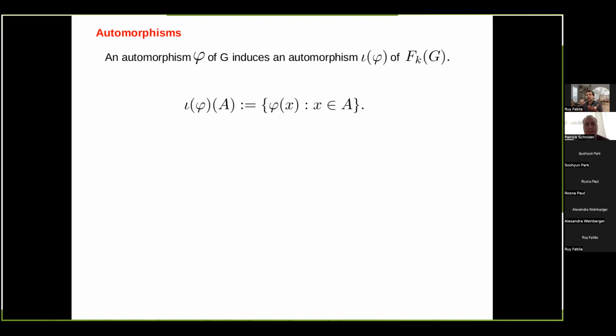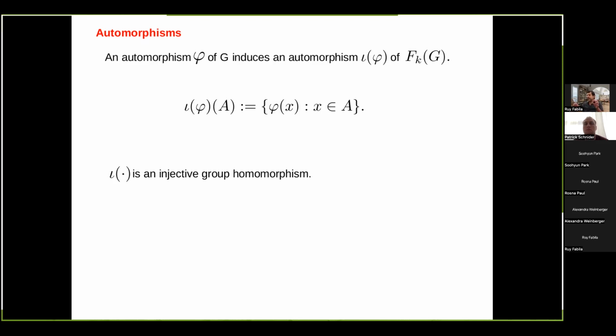So recall that the vertices of the token graph are subsets of k vertices of G. So you apply the automorphism on each vertex and you obtain a new subset of k vertices. And that is an automorphism of the token graph. It can be shown that if you map automorphisms of G to automorphisms of the token graph in this way, you have an injective group homomorphism.